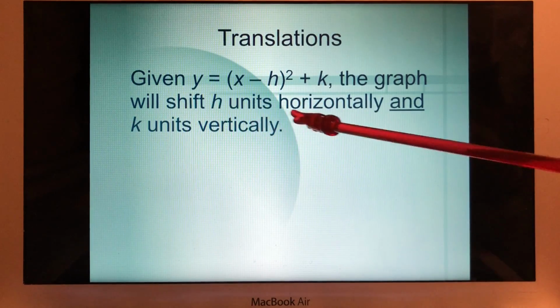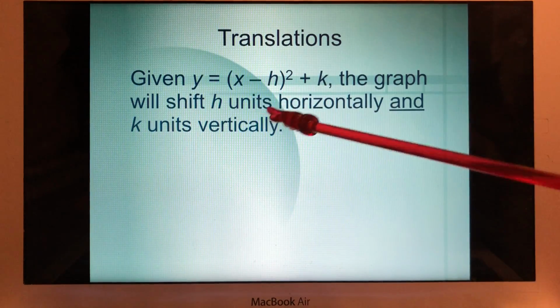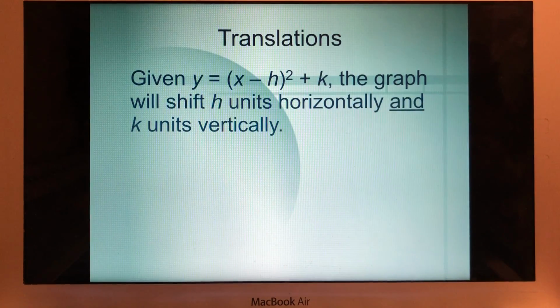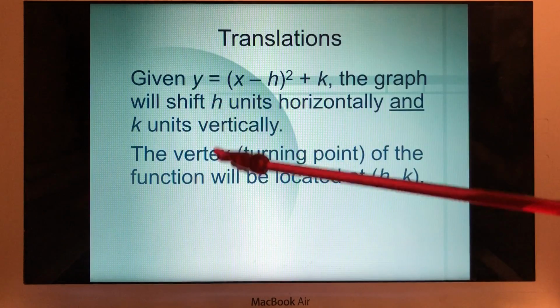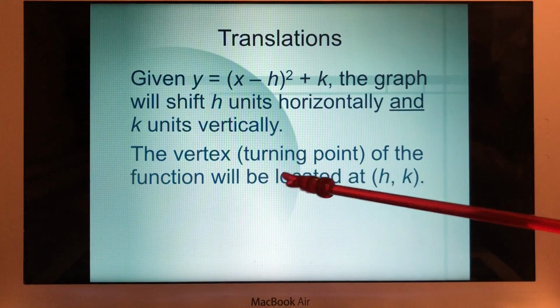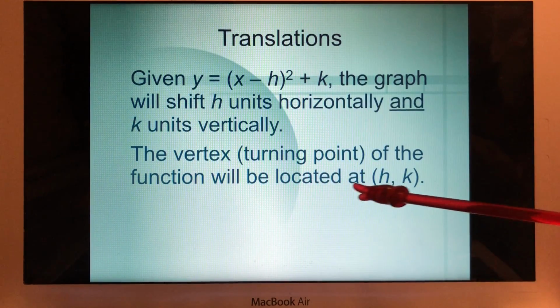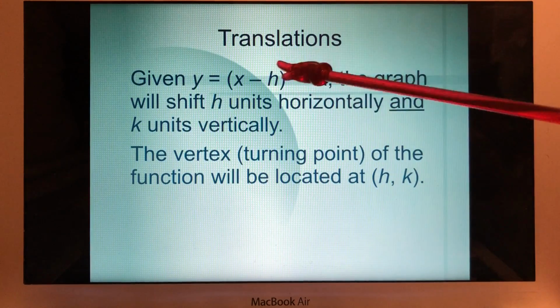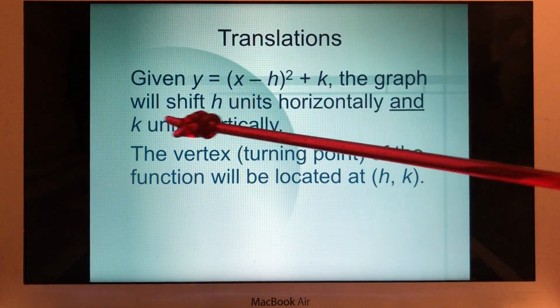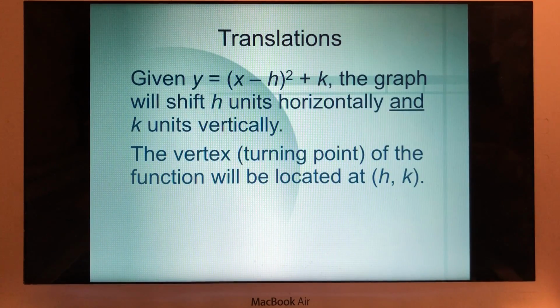H for horizontal. So the vertex or the turning point of the function will be located at (h, k). So this value for h, and then if there's a value for k, that will give us the vertex.